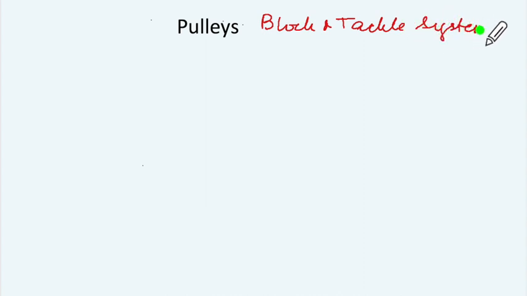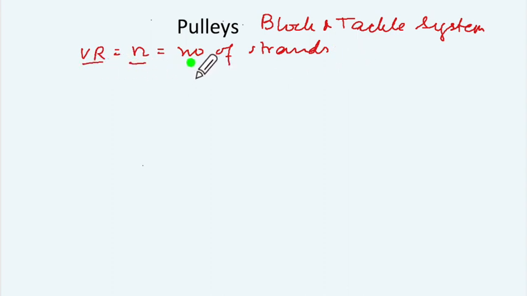Next we come to the pulley system, where we have block and tackle system. In block and tackle system, remember your VR, that is velocity ratio, is going to be equal to number of pulleys, which is equal to number of strands. Correct? So these three quantities are equal.